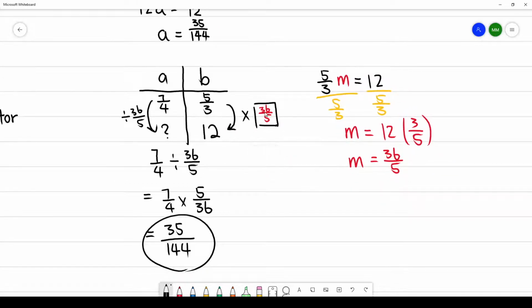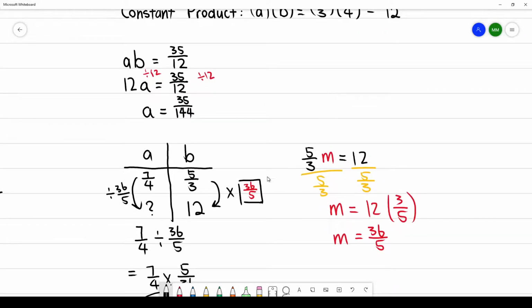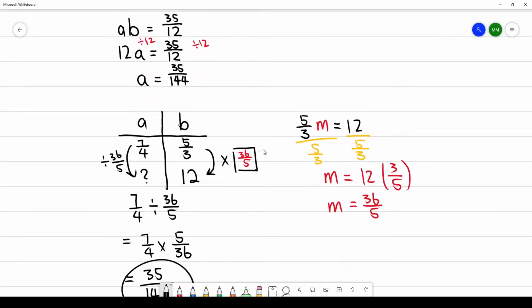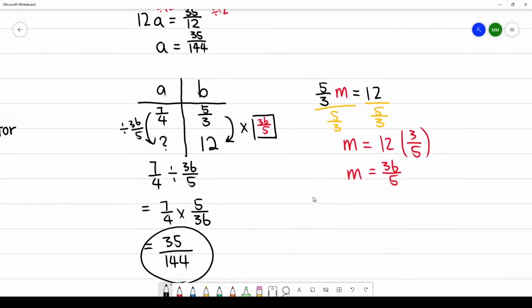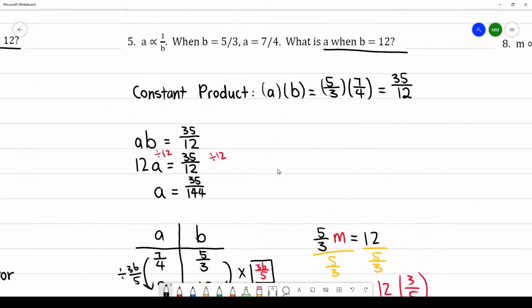But you see how first we have to figure out what it is multiplied by, and then you have to divide by that number again. Whereas if you use the constant product method, you find the constant product and then directly solve. You still have to solve an equation, but you only have to solve one. With this method, first you have to solve, and then you have to do this extra step with fractions again. So yeah.